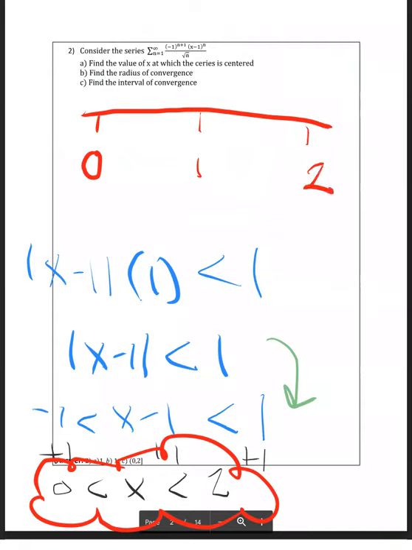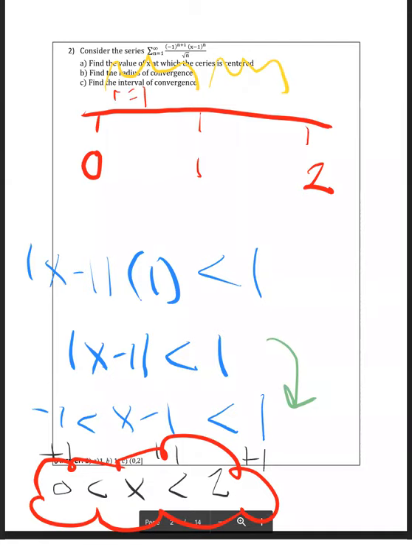We can't do the interval just yet because there's a test we have to do to determine whether it's a parenthesis or a bracket, but we can figure out the radius. What do you think the radius is for this particular thing? It's 1. That's how you get there. I don't know why I keep doing that, but the radius is 1.